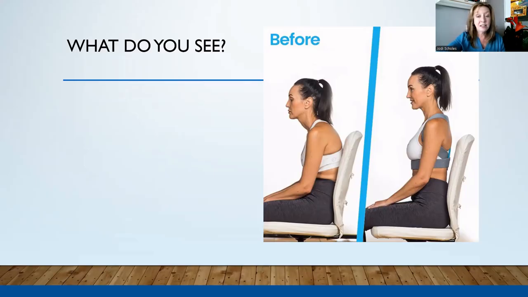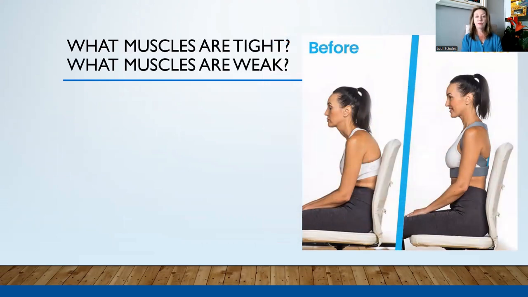What's going to be tight? Let's start with what's going to be tight. But these are two great questions. What's going to be tight on this client? What's being pulled forward? Her shoulders are rolled forward, right? See how those shoulders are rolled forward?